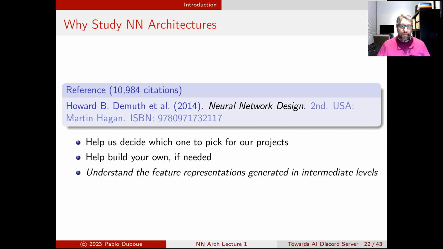Moreover, many times the architectures that exist are not enough for our needs, so then we might need to build our own architecture. And the part that interests me in particular is that the neural network architecture synthesizes features, representations in the different layers.